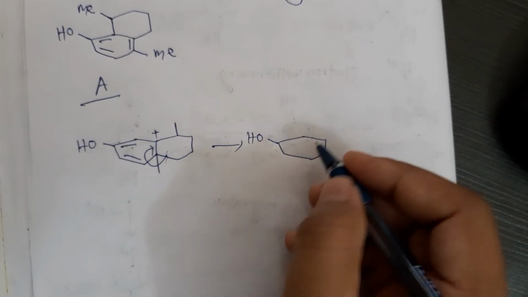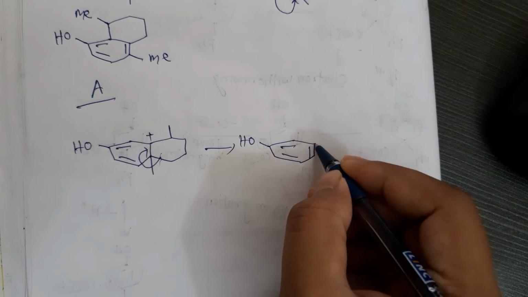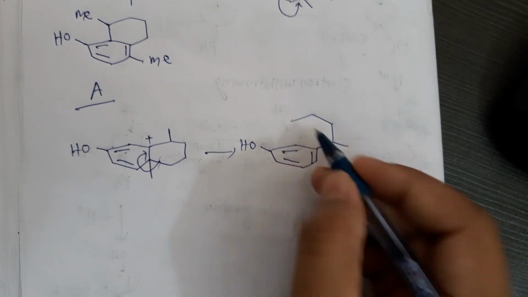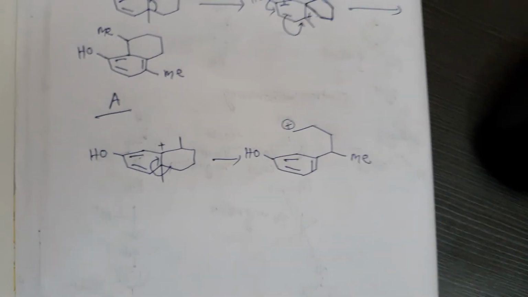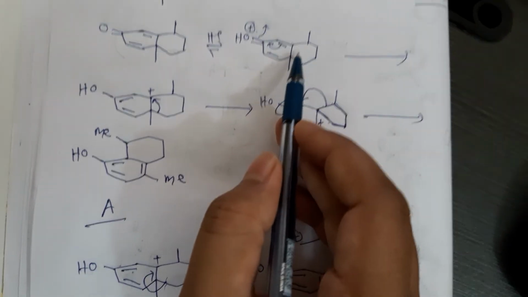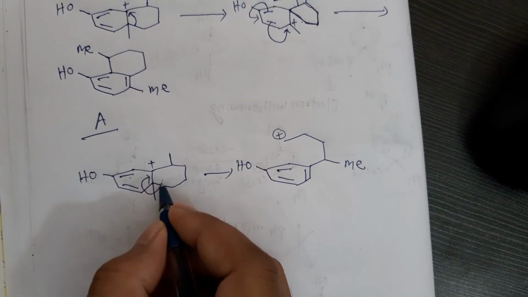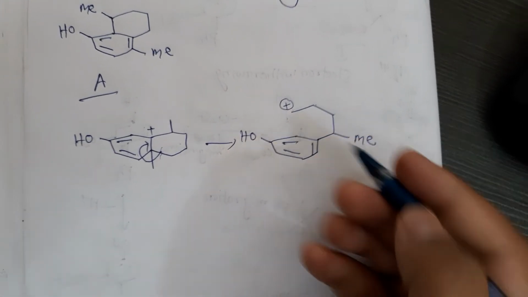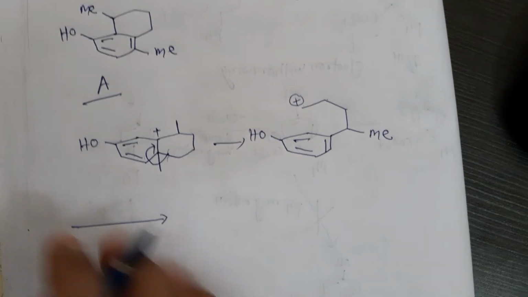Then here OH, one, two, three, four, five, here plus, here methyl. First this bond breaks, to form this 3 degree carbocation. Then this bond migrates here to form this double bond, an aromatic system, and the carbocation is formed here.